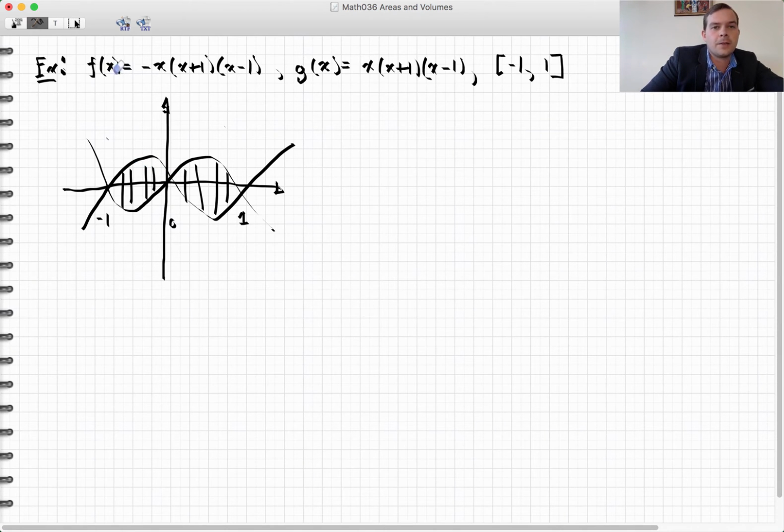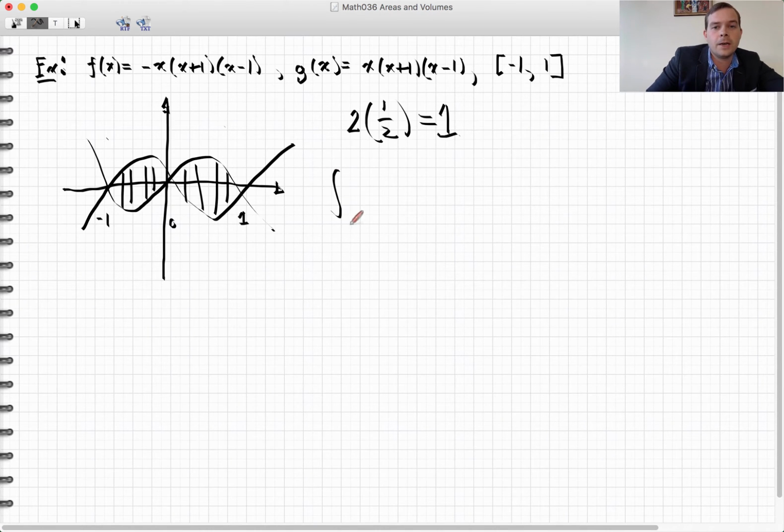So in this case, we're going to have the same f of x and g of x from the last example, only now we want to know the area bounded between these two curves in the interval -1 to 1. And so by symmetry, we know that this should be twice, right? So this lobe plus this lobe's area should be twice 1/2, which is equal to 1. That's what the area should be. We just know that from geometric concerns.